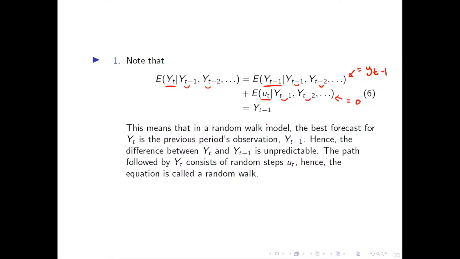So this means that the best forecast for yt is actually yt minus 1. So the best forecast of the next period value of yt is its previous value.